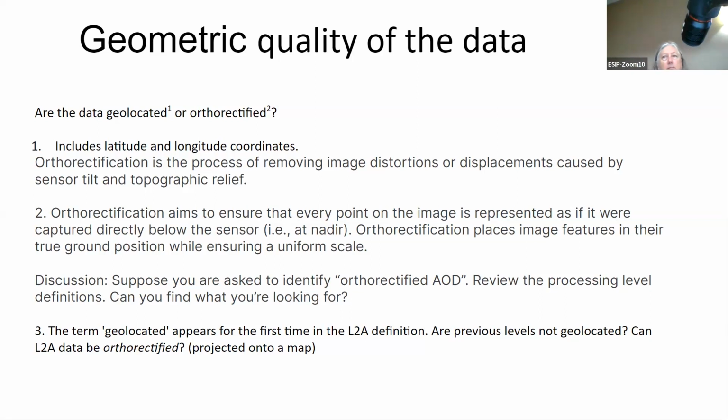One of those axes is describing how much processing has been done on the geometry of the data, the physical location of the data. So 0 is like raw off the sensor, but then you've got terrain correction, potentially atmospheric correction, which is a little different, and it goes up from there into gridding into a map projection. So you've done more processing on where this point is on the ground.